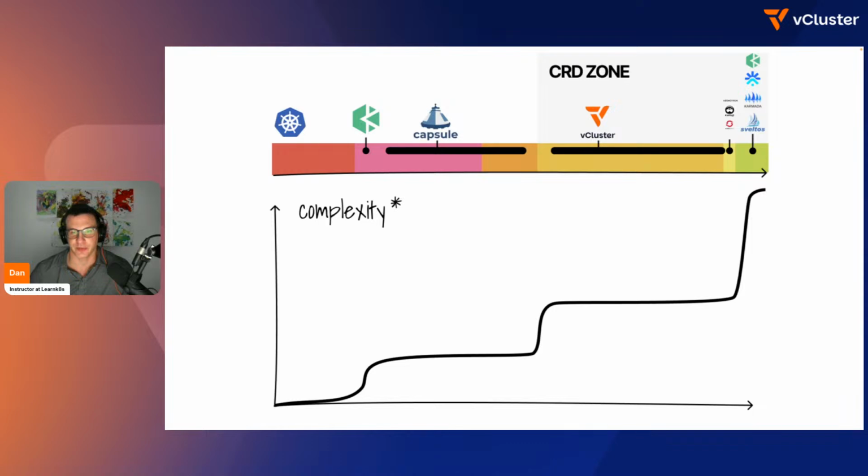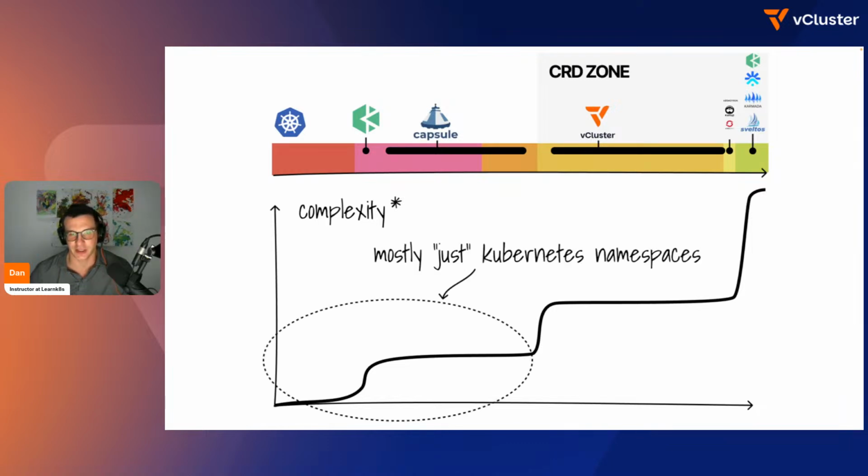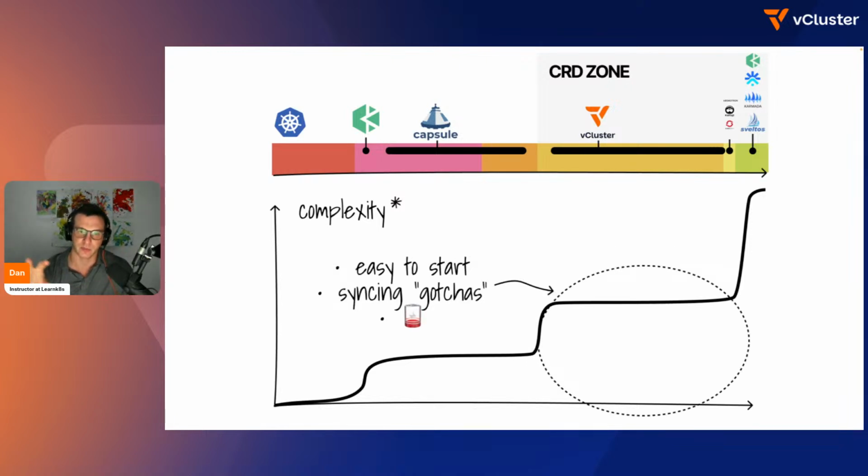And then, of course, there are dedicated namespaces, dedicated clusters, which are quite tricky to explore. So I would say that most of the time, the first area is mostly just Kubernetes namespaces, with Capsule adding some sprinkles on top. This is where you get the closest experience to what Kubernetes provides. Then as soon as we move up, we start having some benefits like isolation of CRDs, but at the expense of some more trickery to make this work.